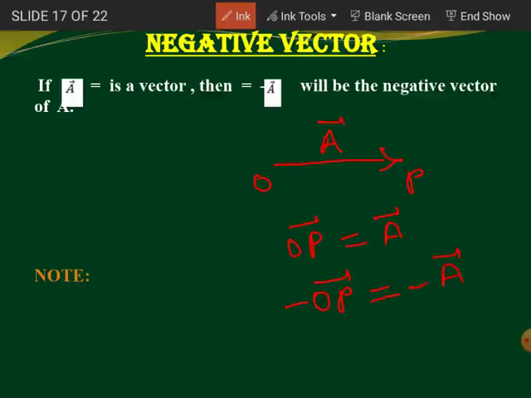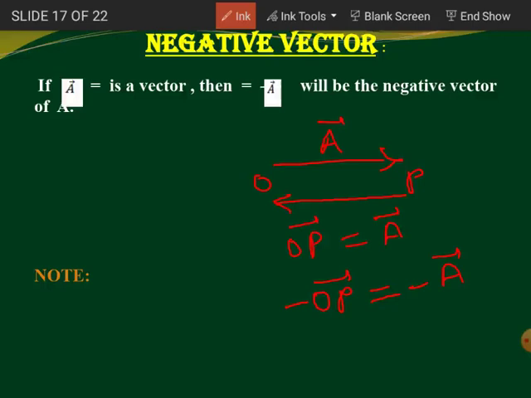So this minus A will be represented by a line of equal length, that means from O to P, of same magnitude, the same line segment length, but the direction will be opposite to the given vector.